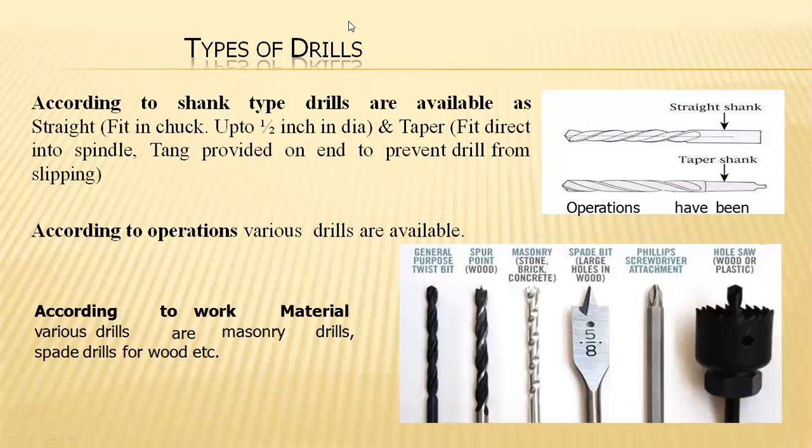Spade bits are for removing large holes in wood. The Phillips screwdriver attachment has a star-type nose, utilized for removing the maximum material in the circumferential areas. Hole saws are used for wood or plastic removal.